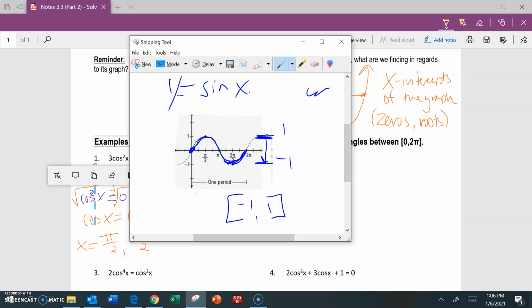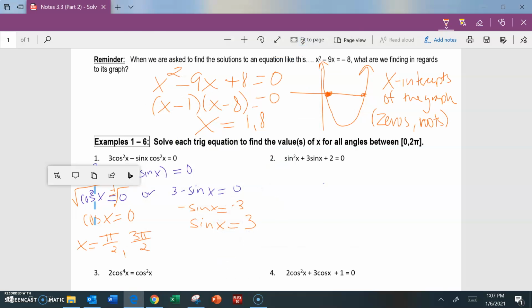It's impossible, because we're dealing with the sine of x, our parent, and the highest y value is 1 and the lowest is -1. So the sine of x equals 3 will not happen. 3 is outside of the range of our parent sine function. So that is impossible, and you have two answers to this question.